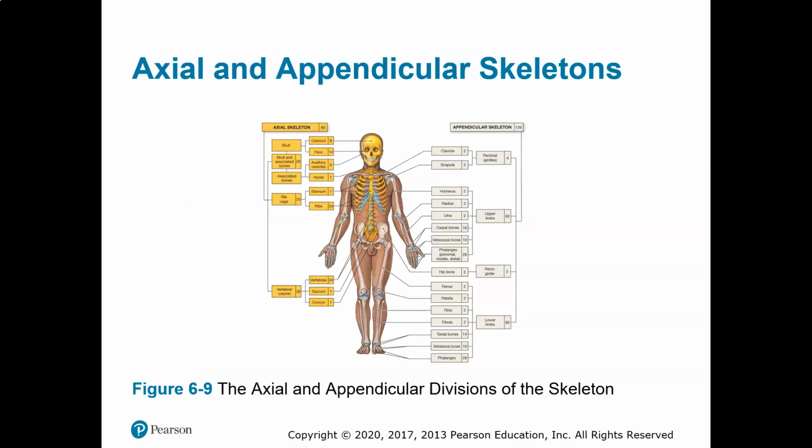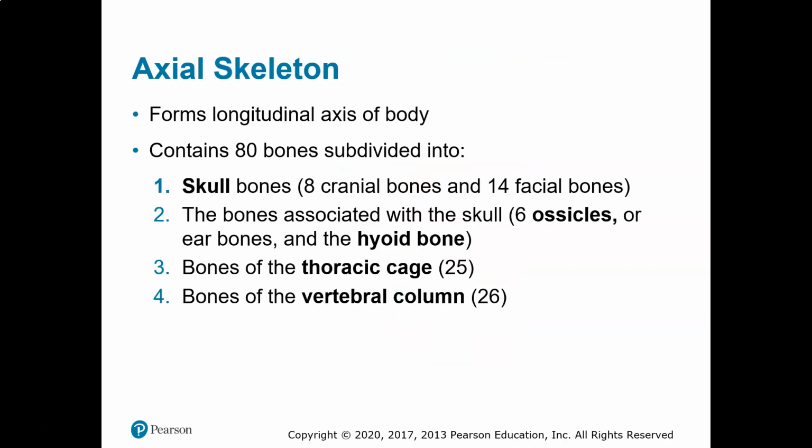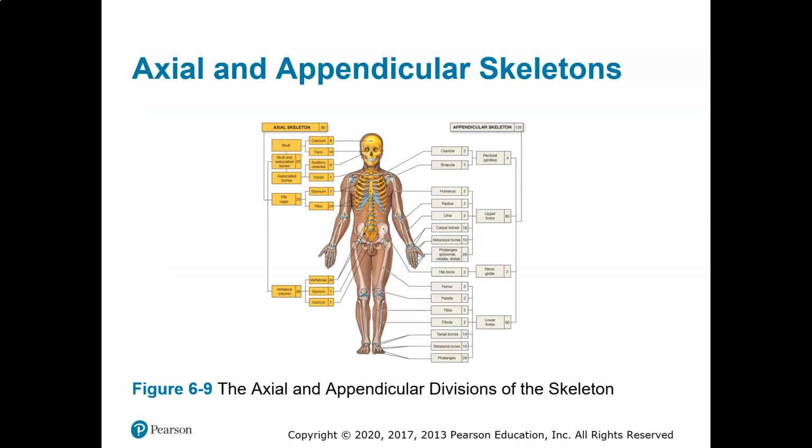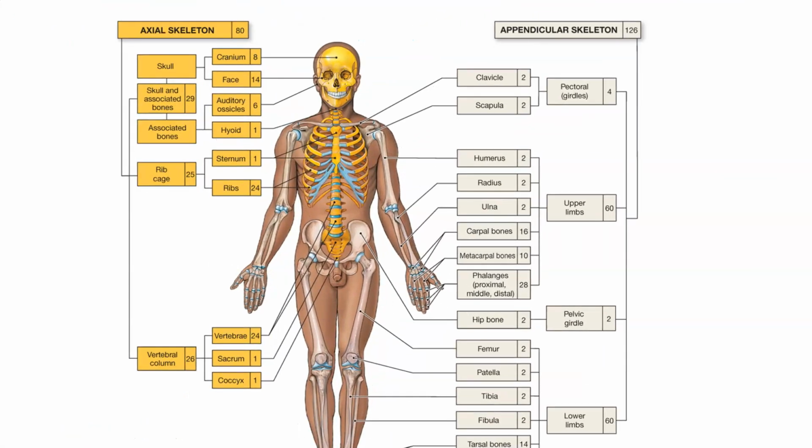And this is a figure of the entire skeleton labeled with the major bones. It's really hard to see, so I'll blow it up. There we go, that's a little better.